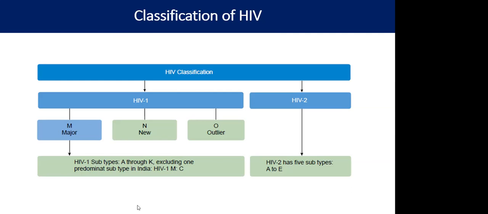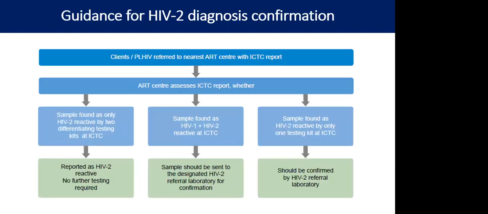HIV-1 has 4 groups, M, N, O, and P. Amongst HIV-1, there are subtypes A through K, excluding E and I, and HIV-2 has 5 subtypes, A to E. Next slide. These are all theoretical things. Next slide.